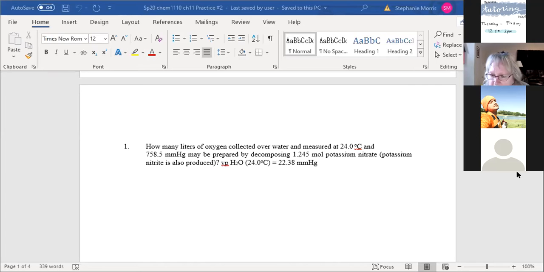Let's see, what's my temperature? Okay, I give you moles of potassium nitrate, but guess what? That's not the gas. You're going to have to write a reaction and get the moles of the oxygen. I'll do that in a minute. So I'm going to stop the share.